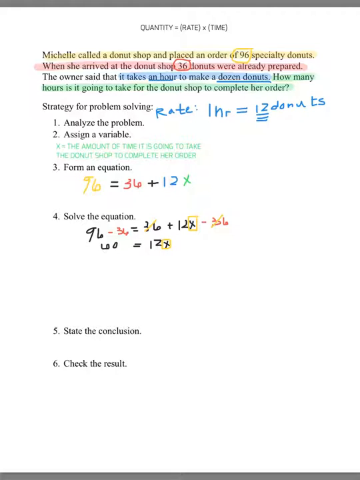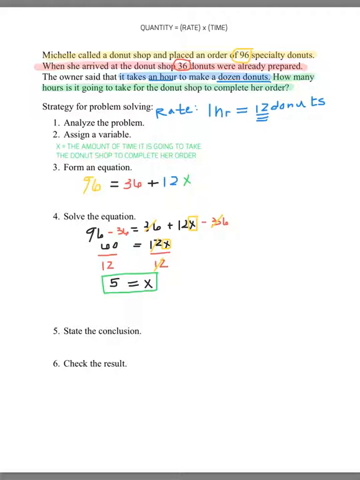The opposite operation of multiplication is division, so we're going to have to divide both sides by 12, which is the number that we want to eliminate. So therefore, on the right-hand side, we have 12 divided by 12. They'll simplify out and leave us with 1x, which is just x. And 60 divided by 12 is equivalent to 5. So we have that x equals 5.